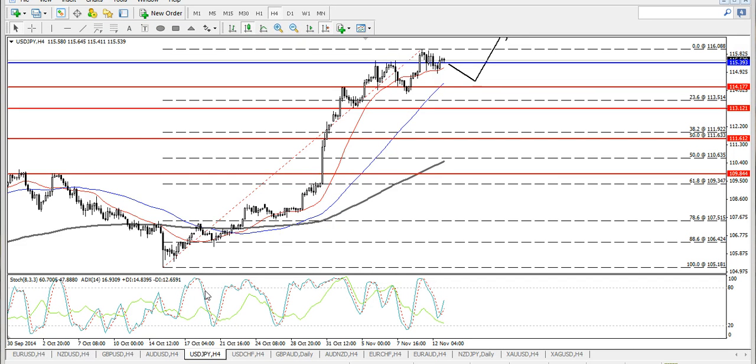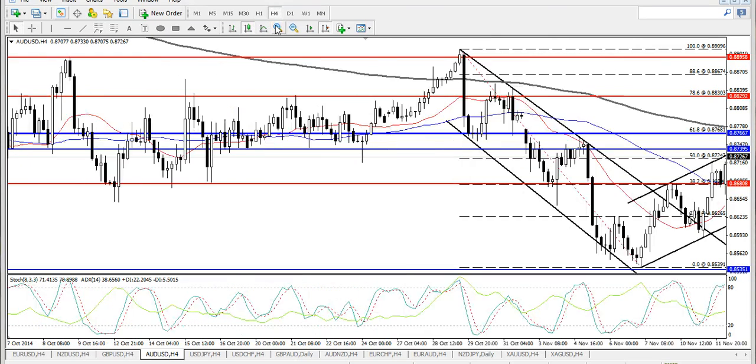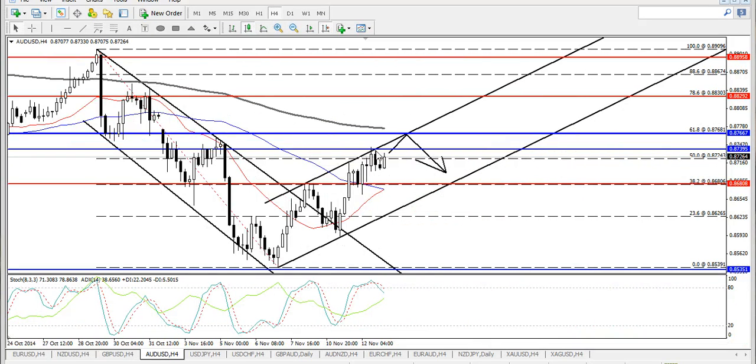Next, I would just like to touch on a few other currency pairs, starting off with the Australian dollar against the US dollar. What we are seeing here is the price has gained further as well, touching the top of a probable rising trend channel. As you can see over here, this is a new channel that's been spotted.